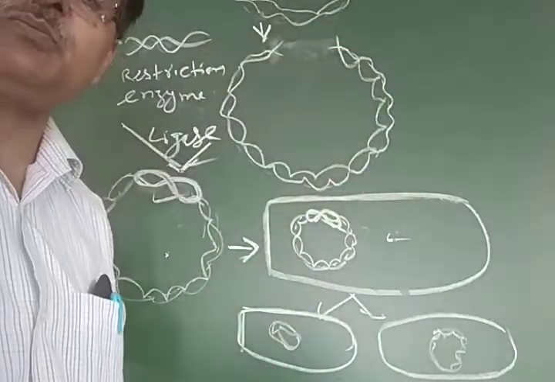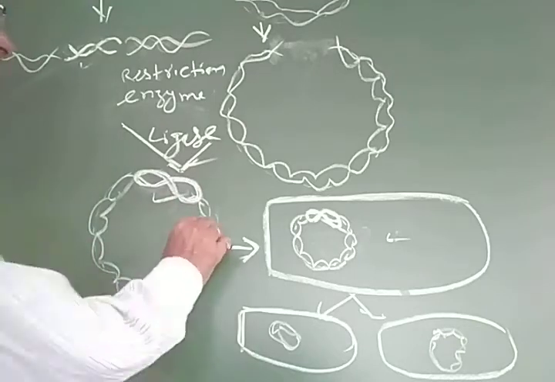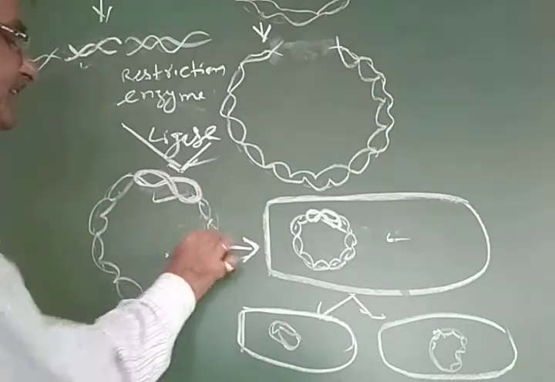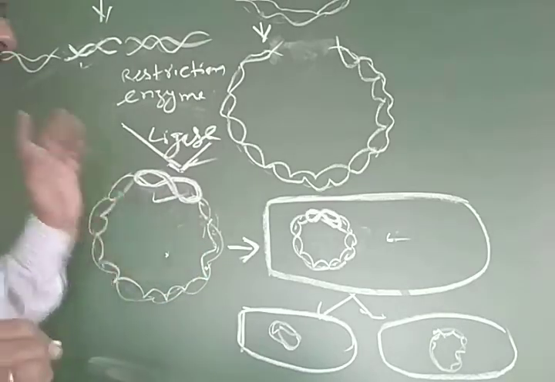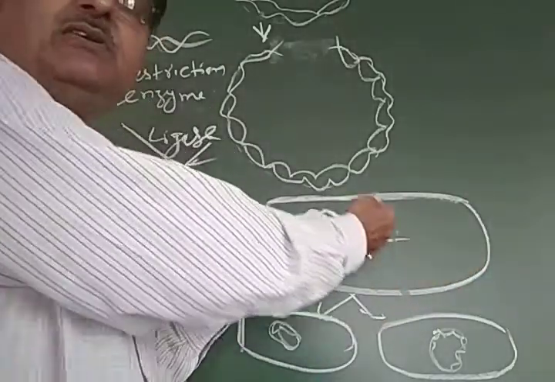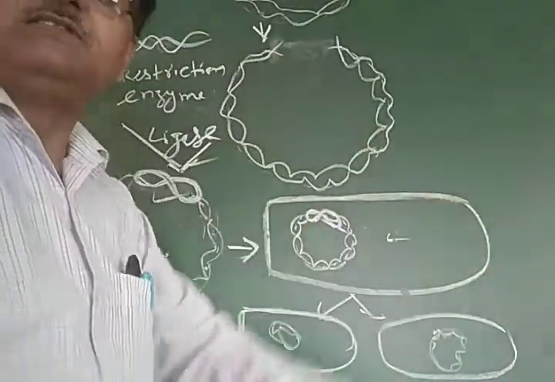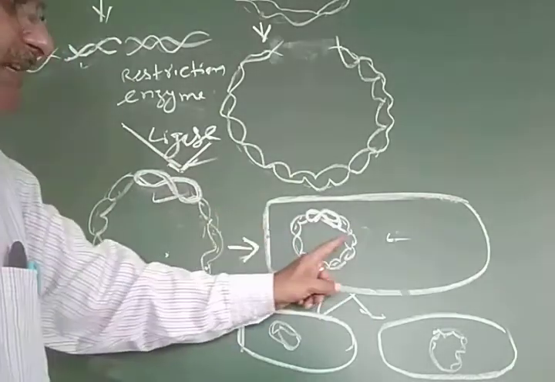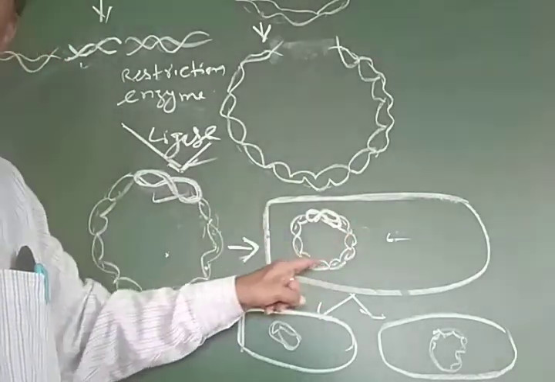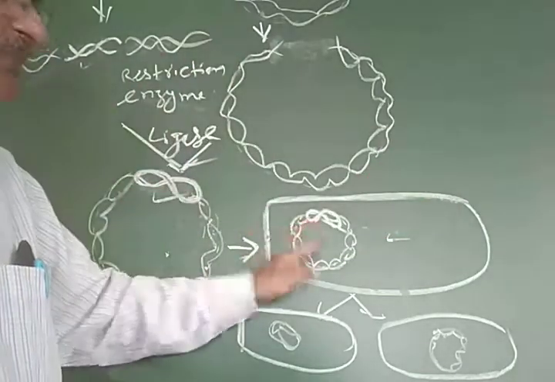So how to identify in this culture medium which bacteria are the transformants and which are the non-transformants? So suppose there is a selectable marker, suppose there is the ampicillin resistance gene in this cloning vector. So what we do, after transformation we allow this bacteria to grow in a culture medium having the ampicillin. So the bacteria having the ampicillin resistance gene, the transformants, they will grow.